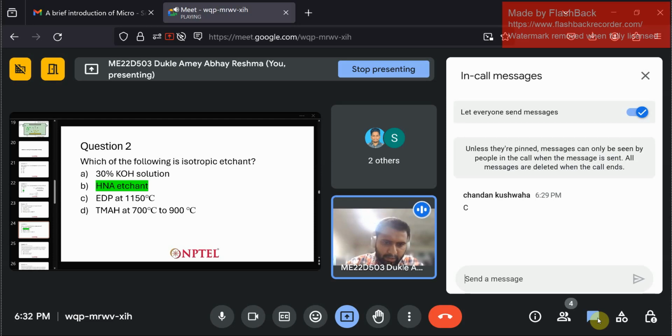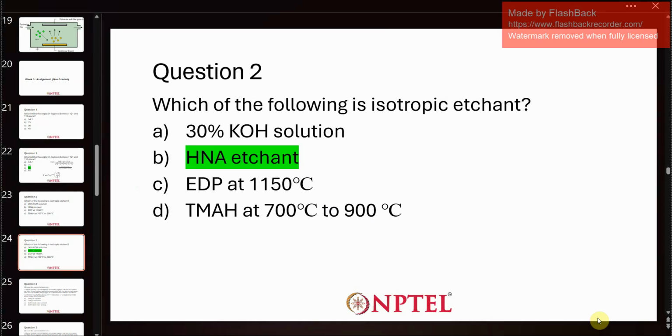HNA doesn't stand for hydrofluoric acid, but the mechanism is the same. Irrespective of any plane which is being used, it will etch in a consistent manner. That is why it is called isotropic etching. So here we have HNA etchant as the isotropic etchant.